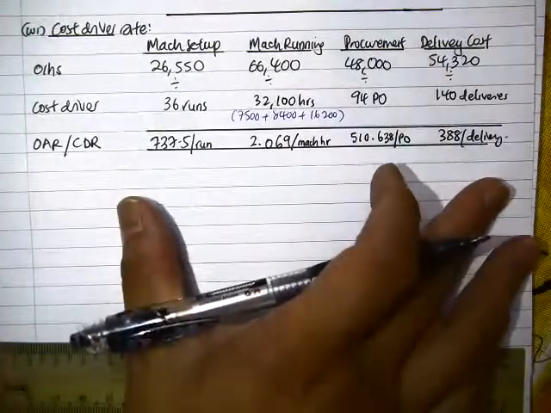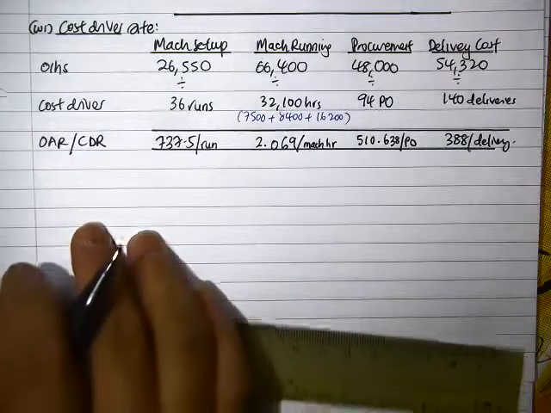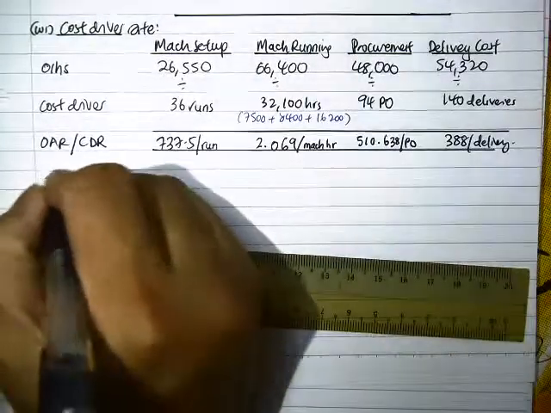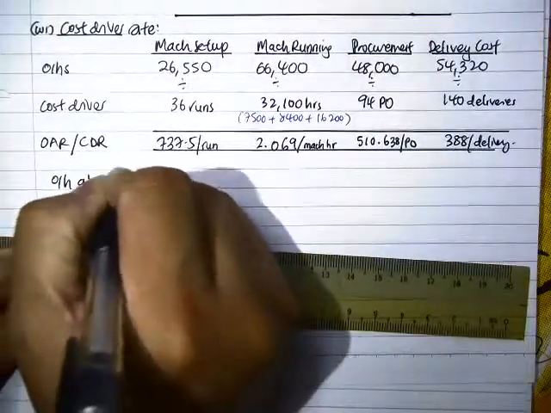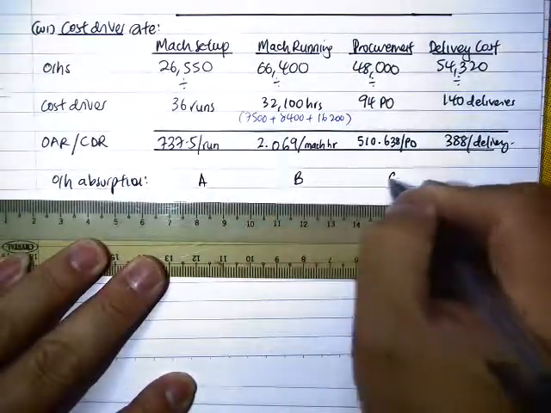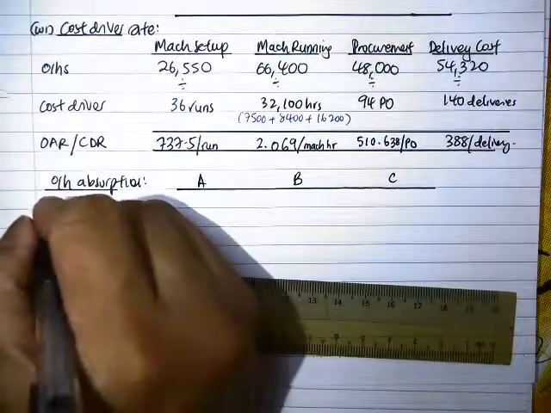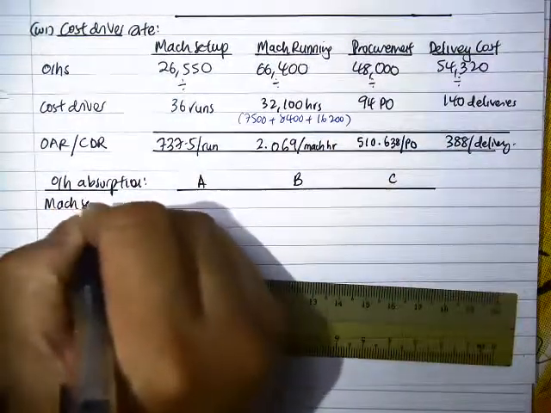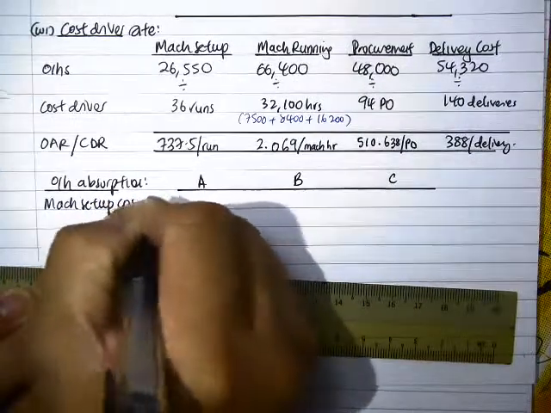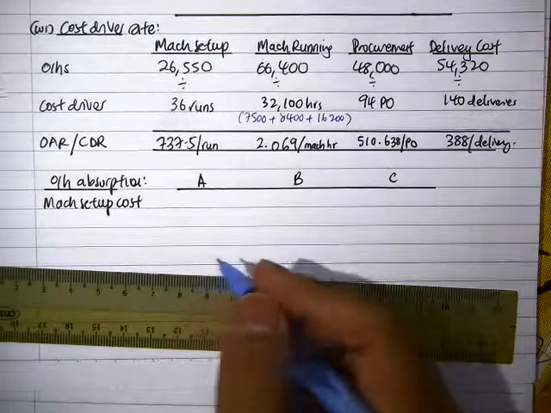Okay, once you have the rate, you will then allocate this back to your product, right? So this is the second step. Now we do the overheads absorption. So you have product A, product B, product C. Right, first we will absorb machine setup costs. So what do you do? You take the number of setups, right?